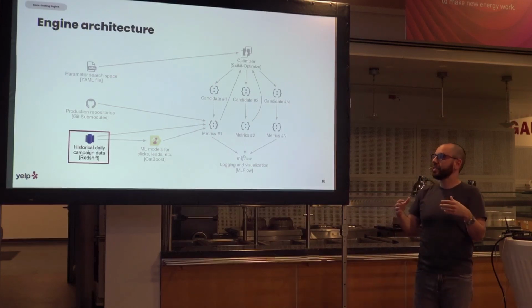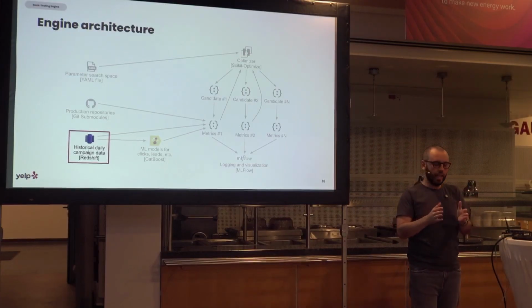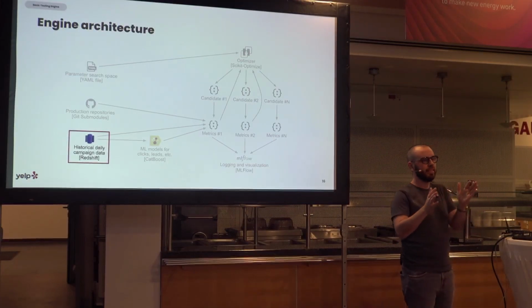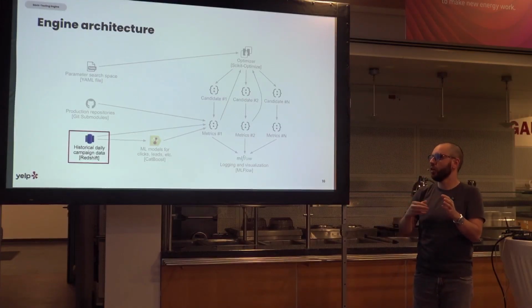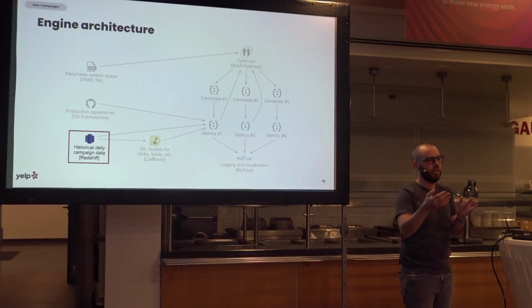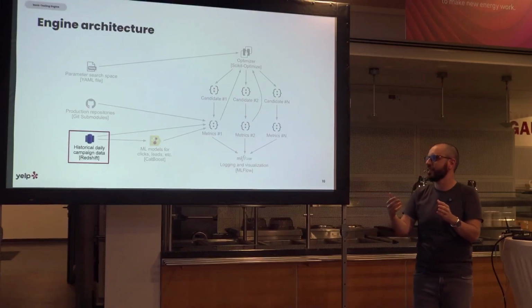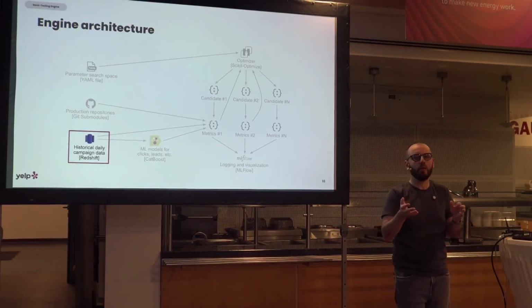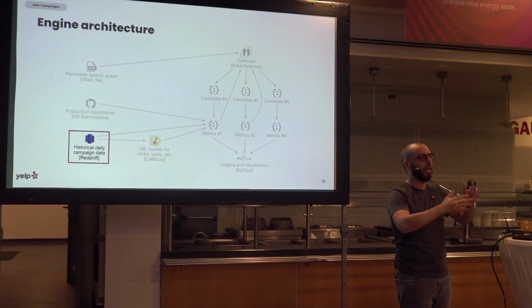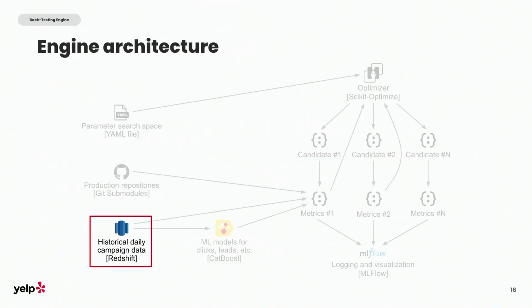So we take the campaigns that we had last month, and those campaigns have some things that will not be affected by our simulation, right? Some variables, some characteristics. The simplest example is the campaign age. If the campaign has been on for 2 years, 3 years, or 3 months, that doesn't depend on the simulation. So we read all this data that is not affected by the simulation from Redshift in this case.